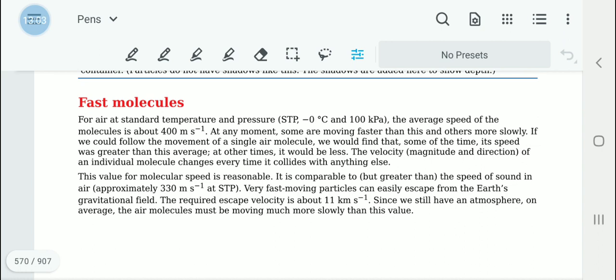Their velocities, magnitude and direction, always change because of collisions. An air molecule can escape Earth's gravitational field if it reaches a speed of 11 kilometers per second.